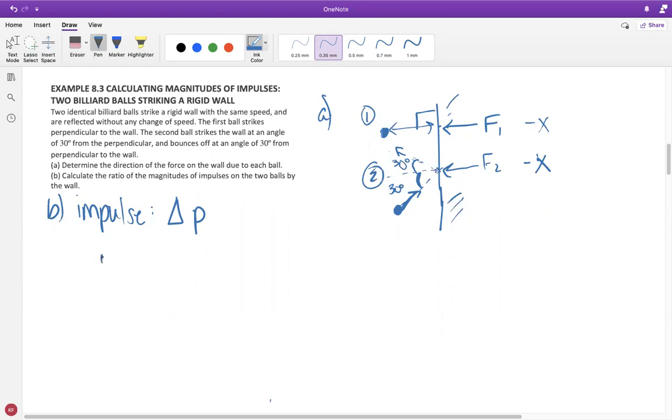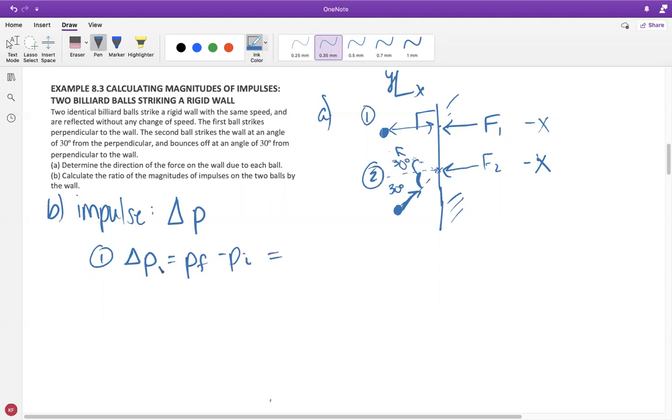Okay, so for the first one, our change in momentum is purely in the X direction, right? We don't have any kind of Y direction here that's changing. It is just straight on the X axis, right? Okay, so this is X and this is Y. Okay, so we should have some P final minus P initial, okay?